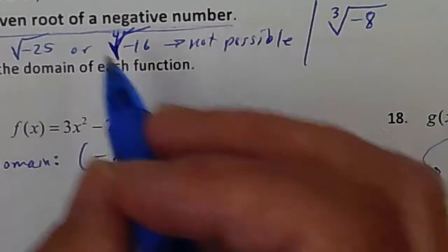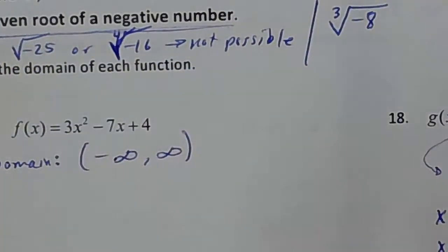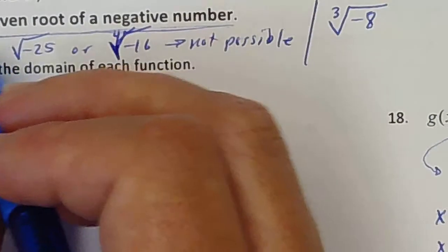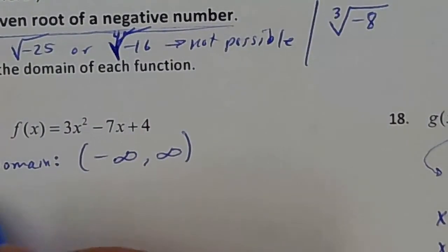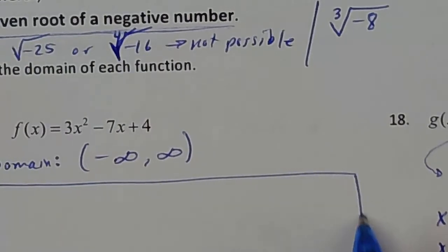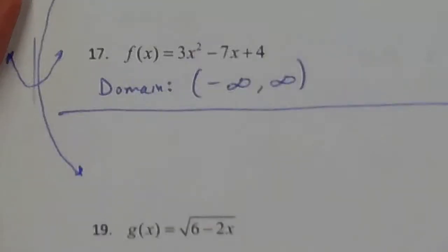All right, so here's what we have to do about this even root scenario. It's going to happen down here for 19. Once you write this in here, it's not really part of 17, so I'll draw a little box to box it in.